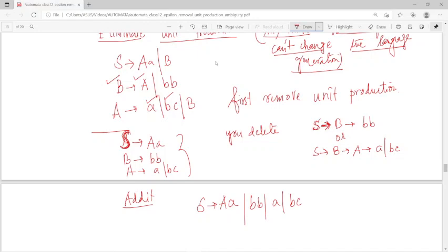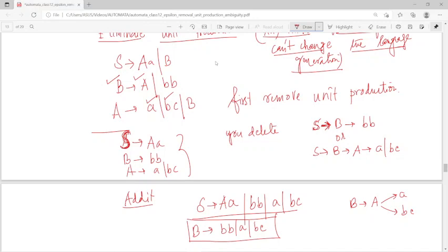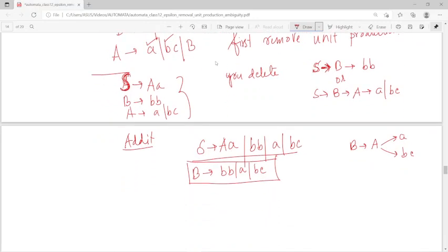Since we are removing B to A, that means from A we can either go to a, or we can go to bc. So from B I can either go to bb, or a, or bc, right? So I can remove this B to A, and also there is A to B, another rule.